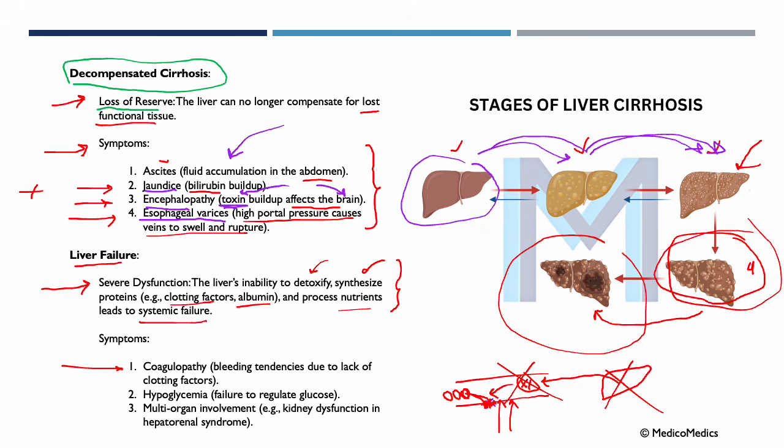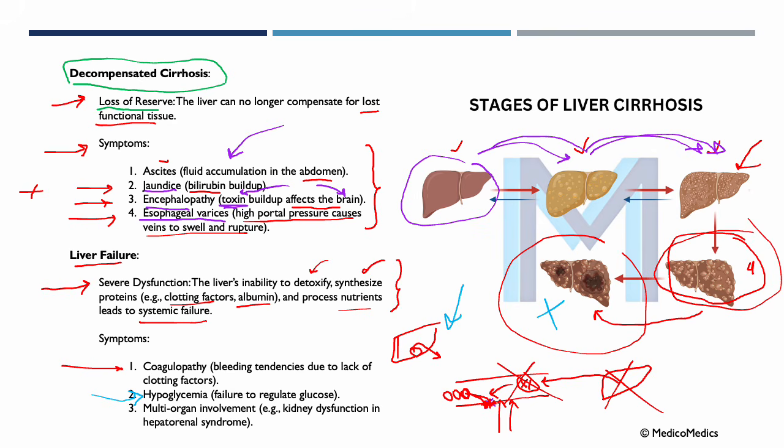We also mentioned that another very key role of the liver is storing glucose. And if we have a loss of function here as well, we will see hypoglycemia, which is a failure in regulating glucose. So the liver stores glucose, in the form of glycogen. When the blood sugar level goes down, the reason why we don't normally crash is because our liver has stored a lot of glucose, so it releases it.